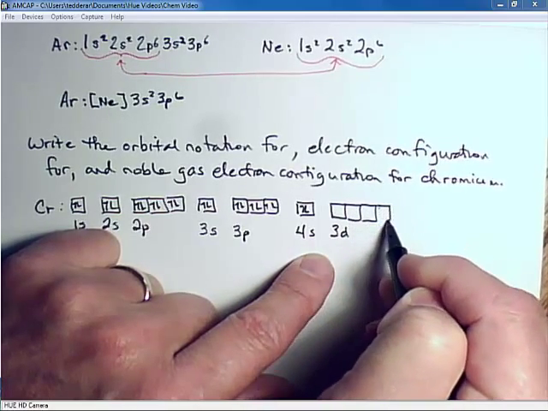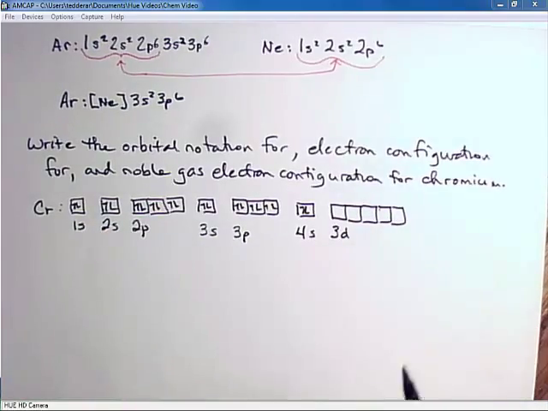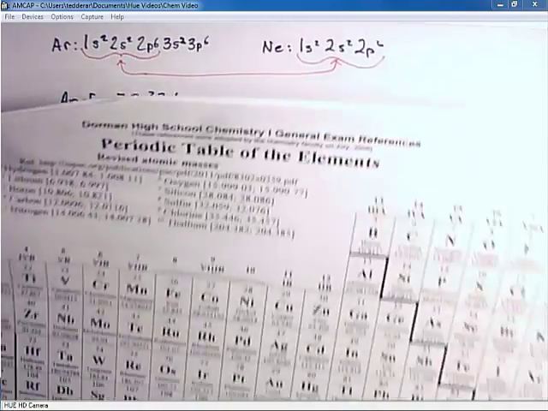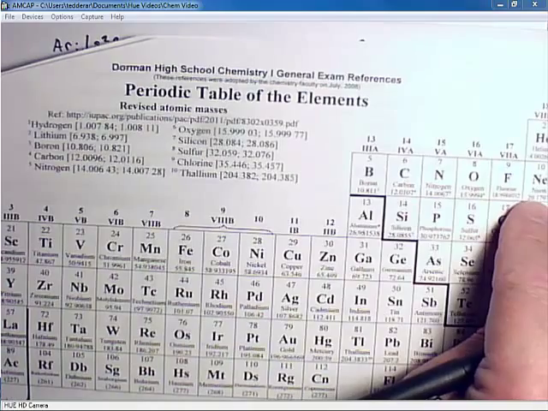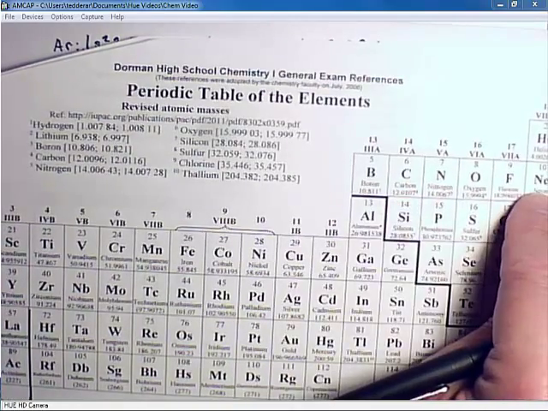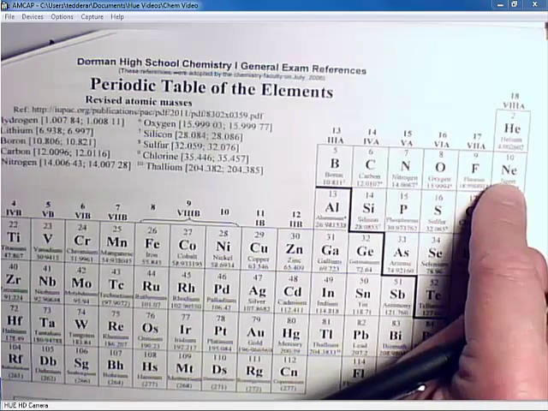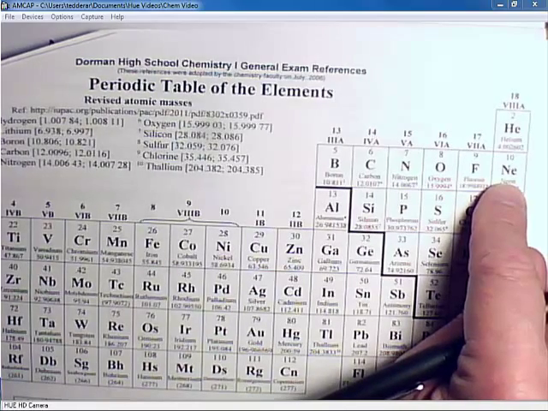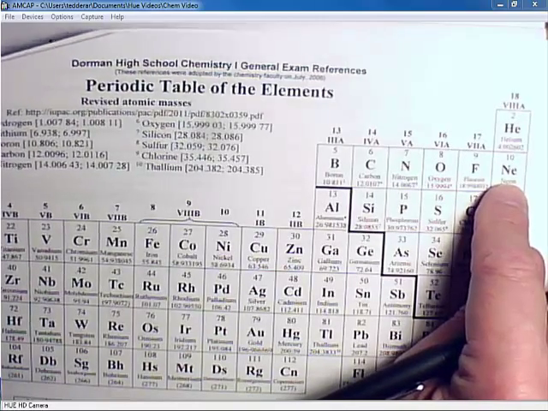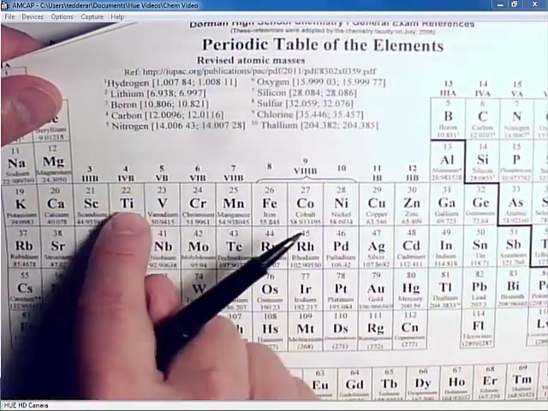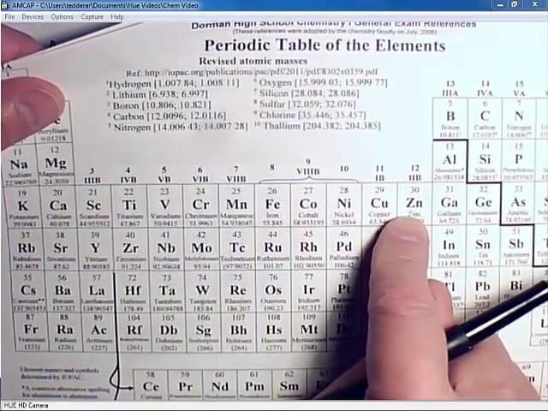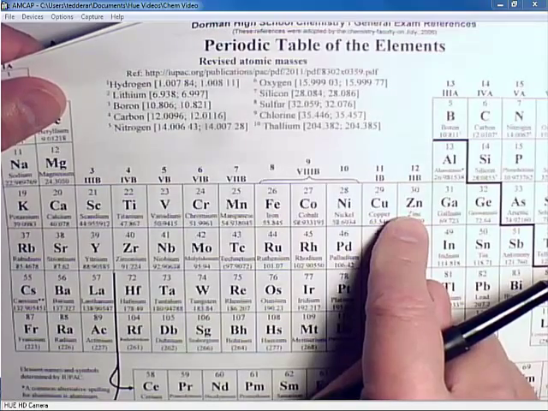And there are 5 orbitals in a d sublevel. And if you forgot how many orbitals, just count the atoms. If there are 6 atoms in a p sublevel region, you can only get 2 electrons per orbital. Well, that makes 3 orbitals, right? There are 10 atoms here, corresponding to 10 electrons in a d sublevel.